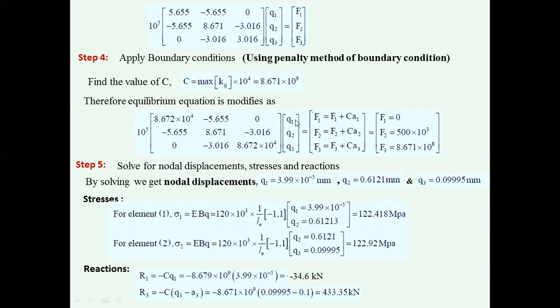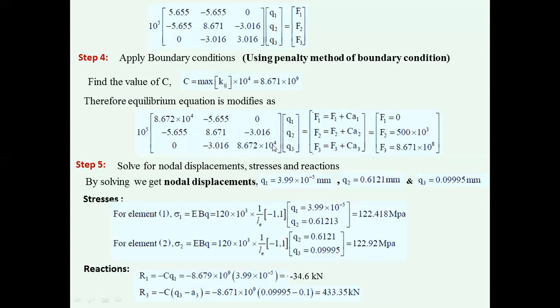So C, 8.671 into 10 to the power of 9, into 0.1 gives the value of C into A3. Finally you will get 8.671 into 10 to the power of 8. So this is the modification of the load vector.